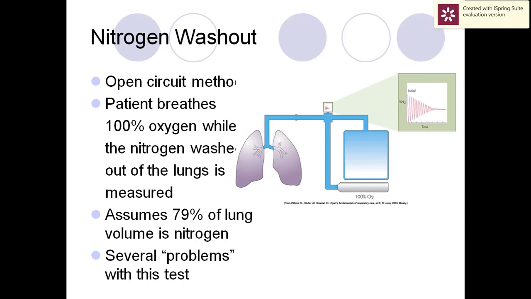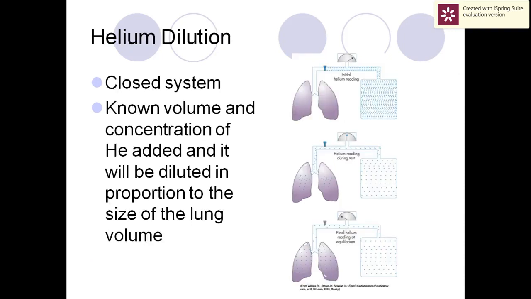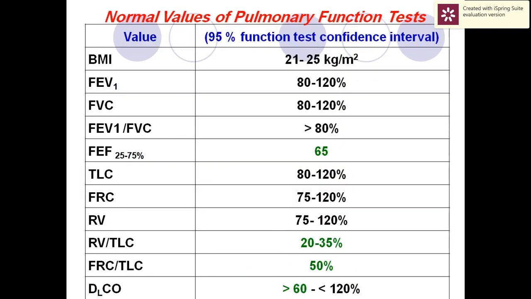Nitrogen washout also, the circuit can open the circuit method of patient breathing 100% while the nitrogen washout of the lung is measured. والhelium dilution برضو the same way.